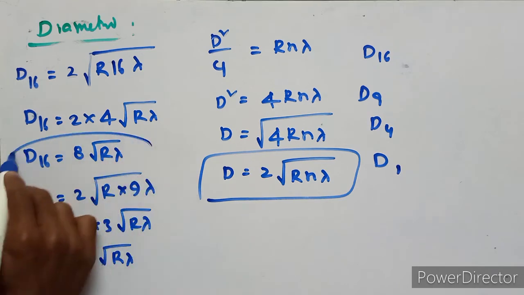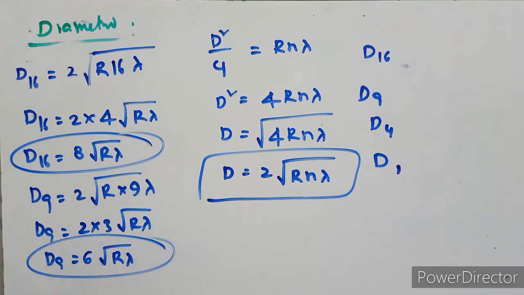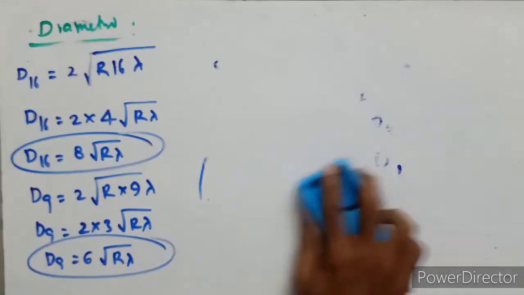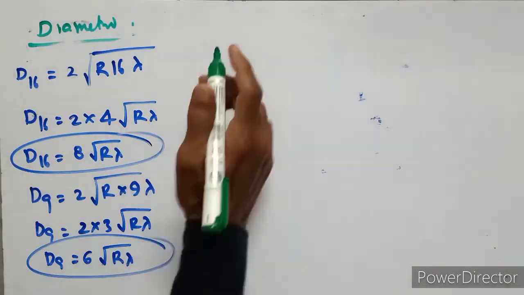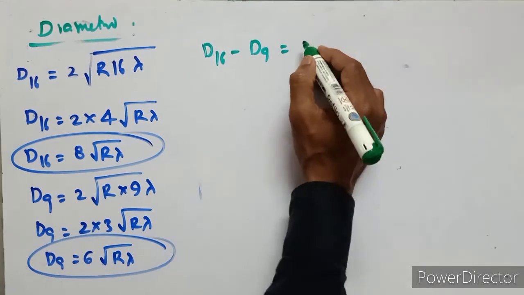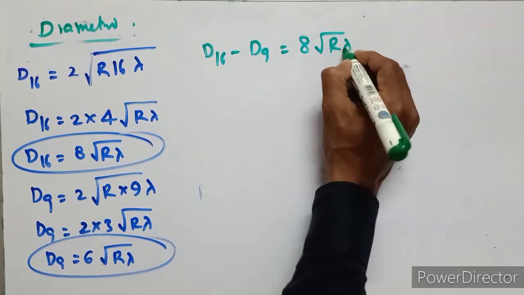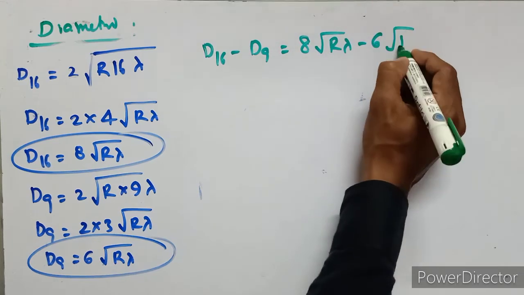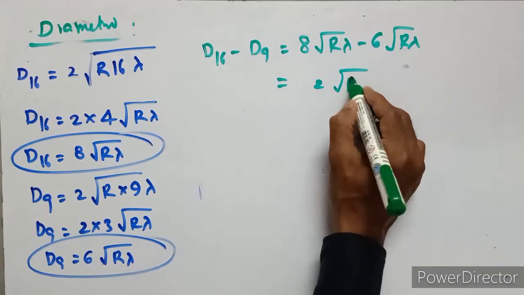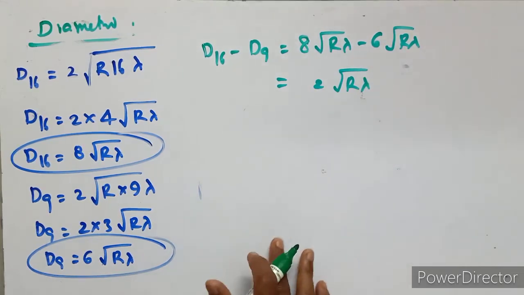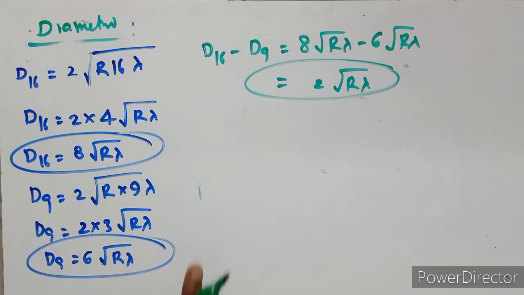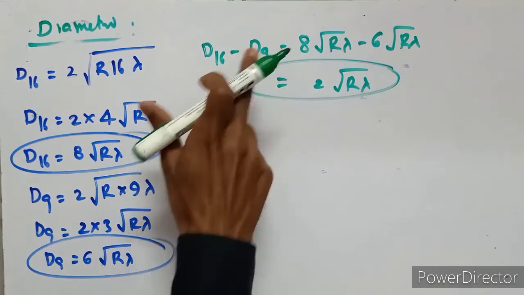The difference between D16 and D9 is D16 minus D9 = 8√(Rλ) minus 6√(Rλ) = 2√(Rλ). This is the spacing between this ring and this ring.